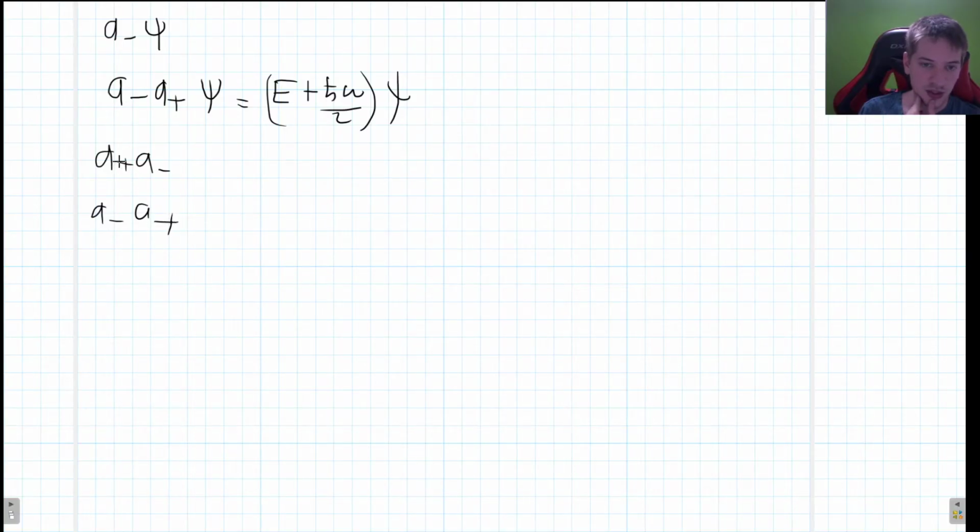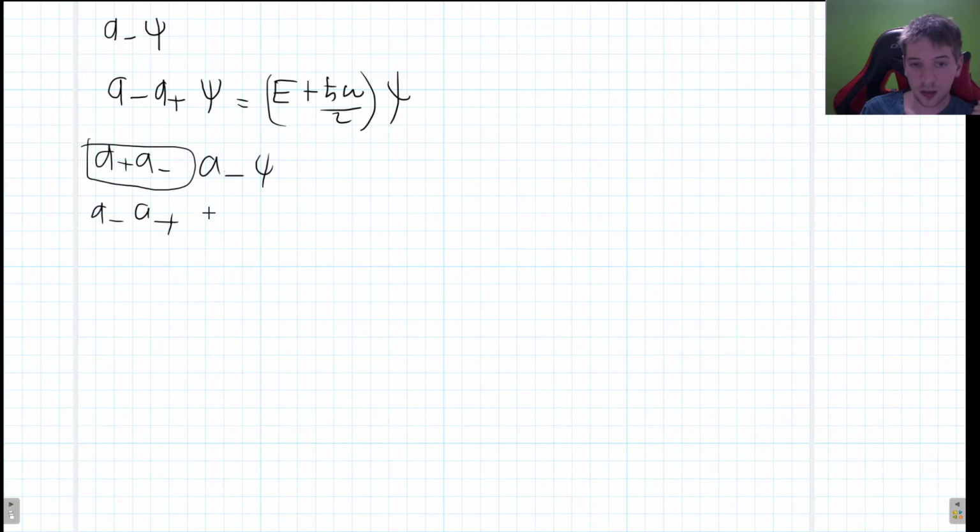The reason is that when you do this one and you are considering a plus psi, you're going to get a minus a plus. If you had used this for a minus, you would have gotten a minus, and you don't really have a relationship for that.